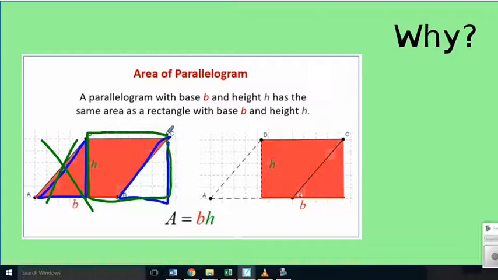You've made a new rectangle and it's showing you here, okay? So it's the same rule for both shapes, base times vertical height, okay? So it's so important to know why it is the same rule, okay? Let's get to it.